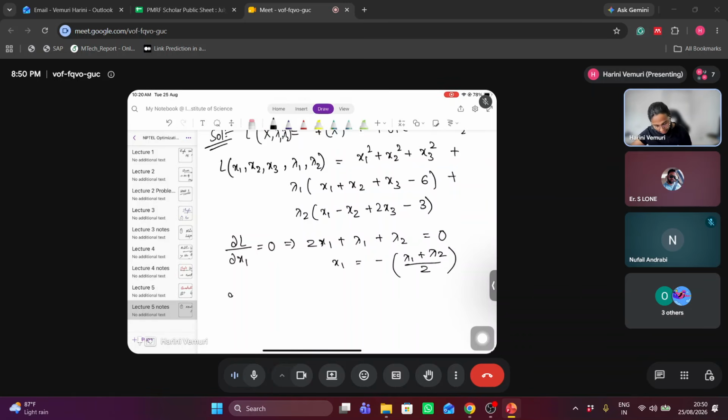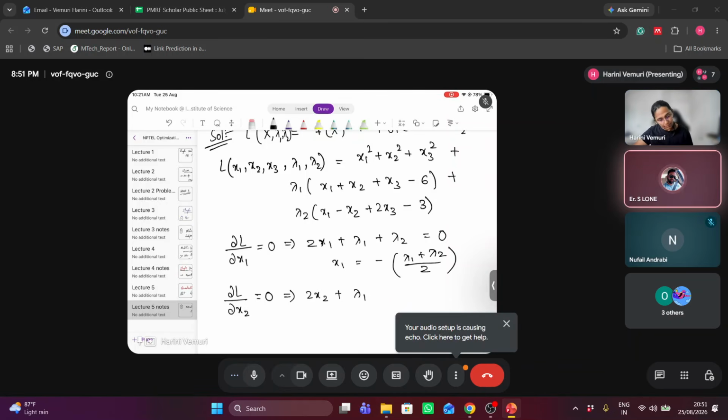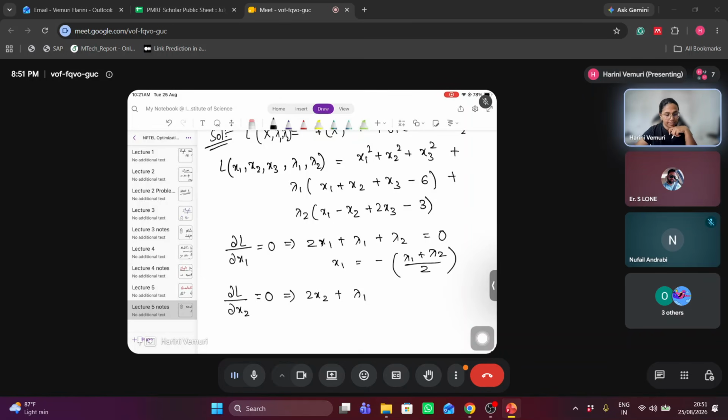Then dou L by dou x2 equal to 0, which gives 2x2 plus lambda 1 minus lambda 2 equal to 0.